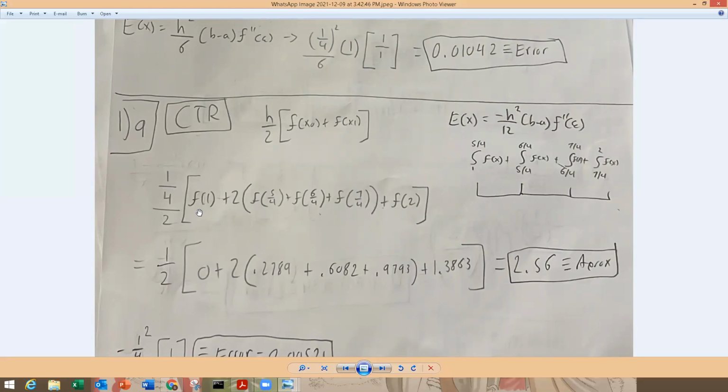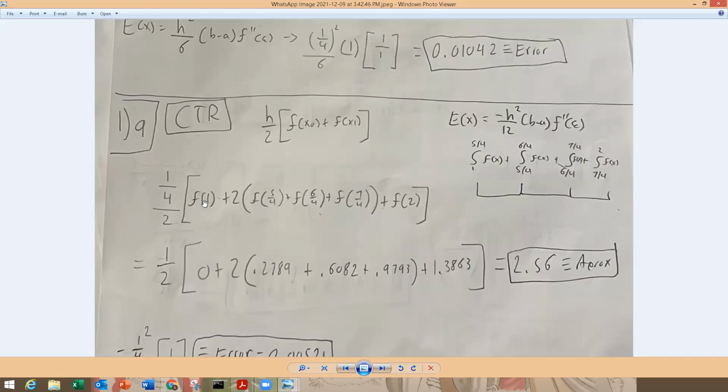And then I start plugging in. This is my f of x0, right? Because it's like this. It's 1, then 5 over 4, then 5 over 4 to 6 over 4, right? So the middle ones here get multiplied twice. So that's why I did it by 2. But I guess it might be better to just do 1 by 1.